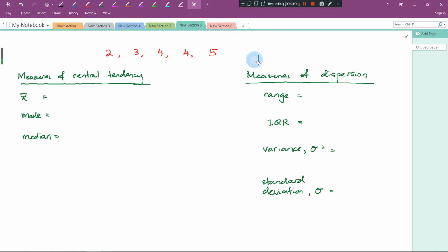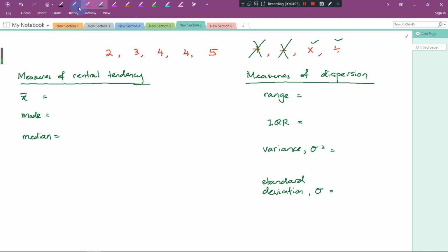Okay, let me use a different color. Plus, minus, times, divide. These two will not affect the new range, interquartile range, variance, and standard deviation. Only these two will affect.